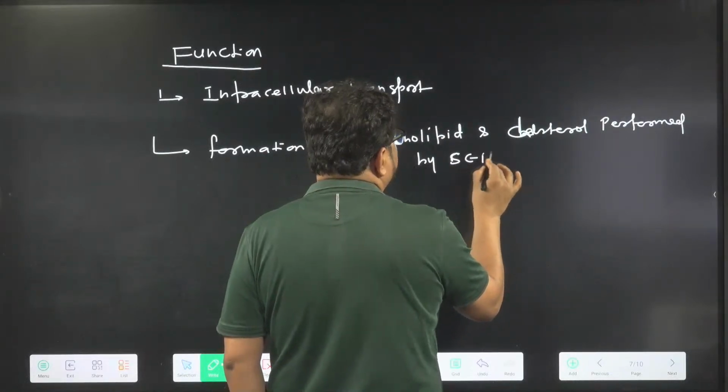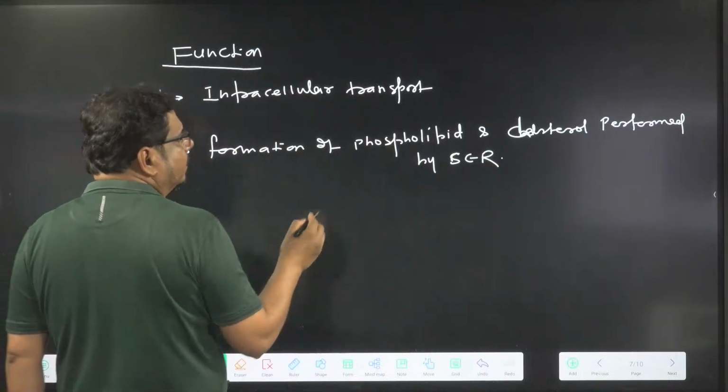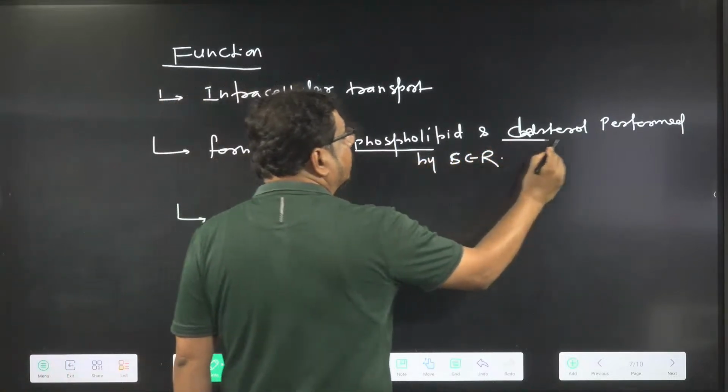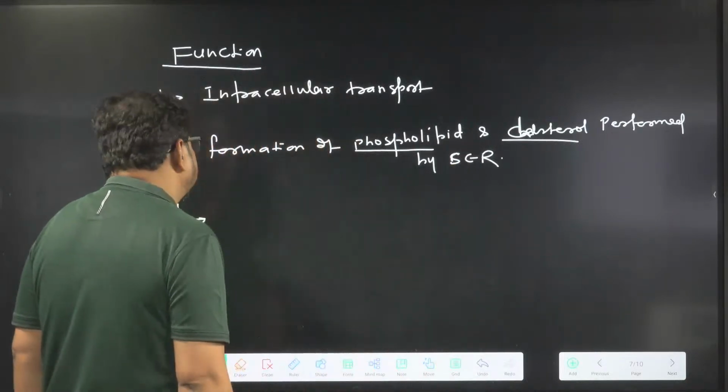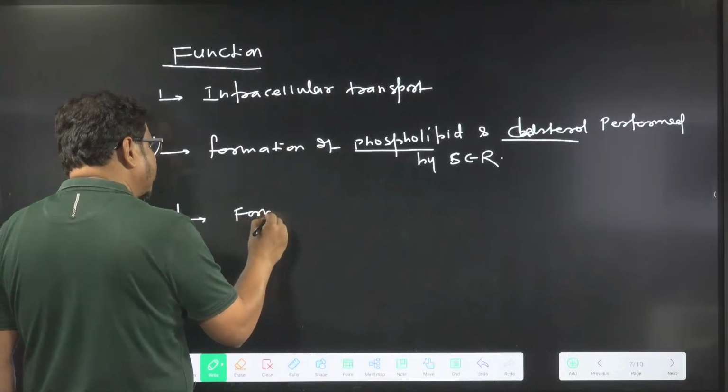Smooth endoplasmic reticulum. Another job done by ER is formation of phospholipid and cholesterol, performed by which one? Smooth endoplasmic reticulum.